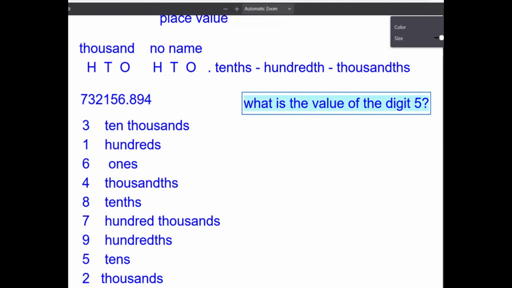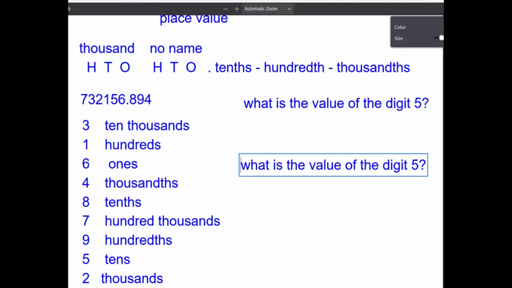Or I could ask the same question, but instead of the value, I could say the place value of the digit 5.